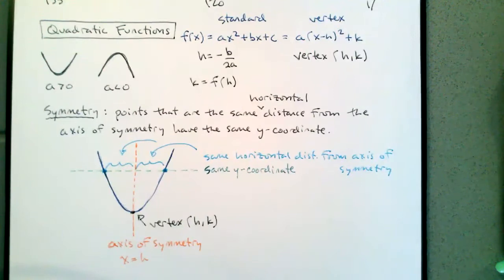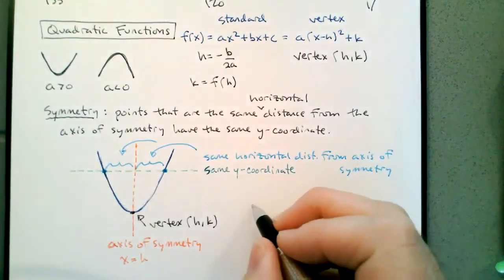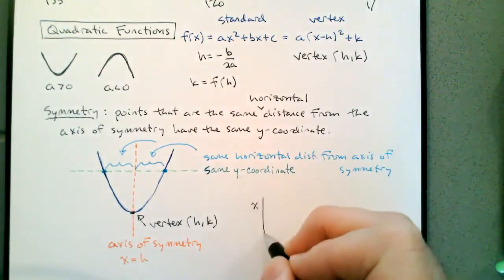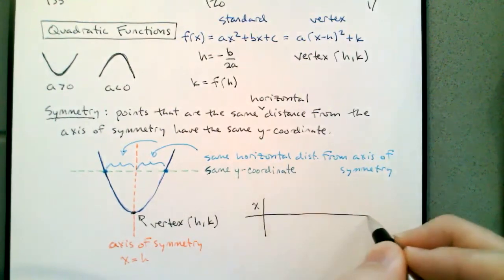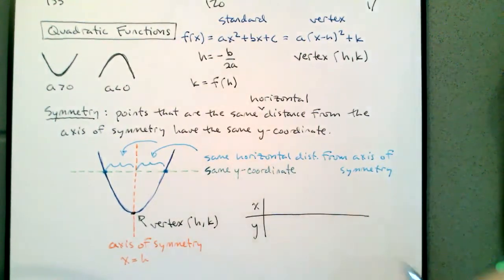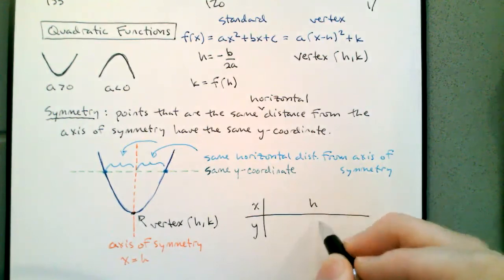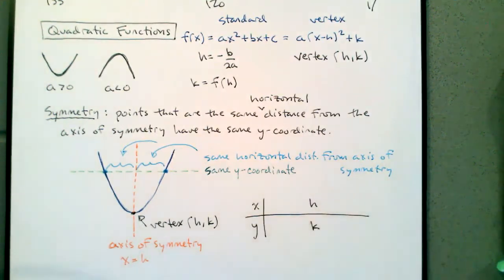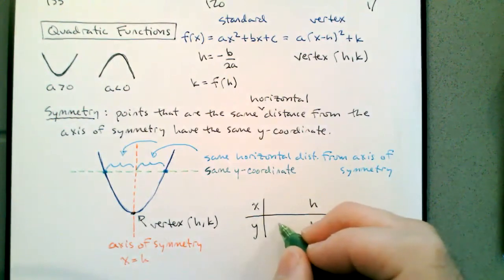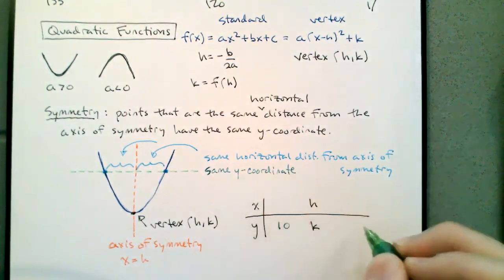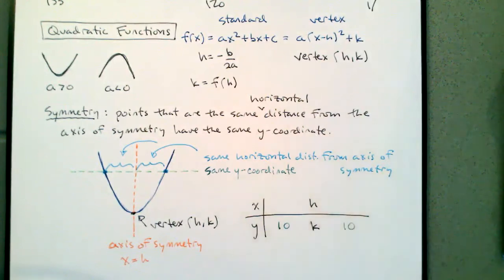What this means in the numbers is that if we're looking at a table of values, in the middle we'll have the vertex (h, k), and if we have the same y-coordinate, say 10 on one side and 10 on the other side, then these points are going to be the same horizontal distance from the axis of symmetry.